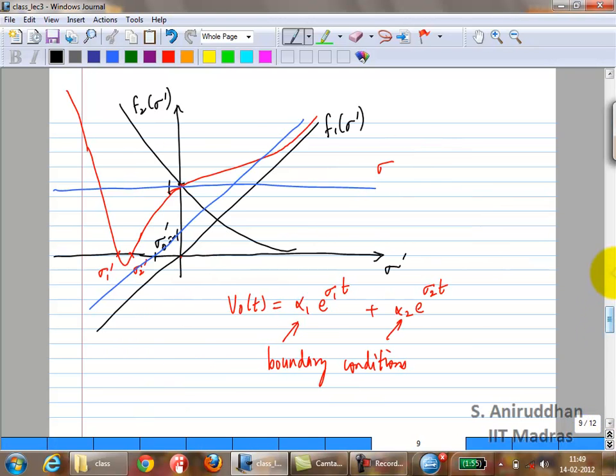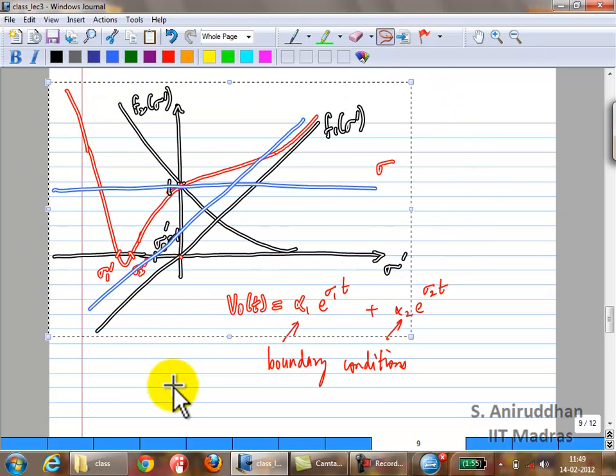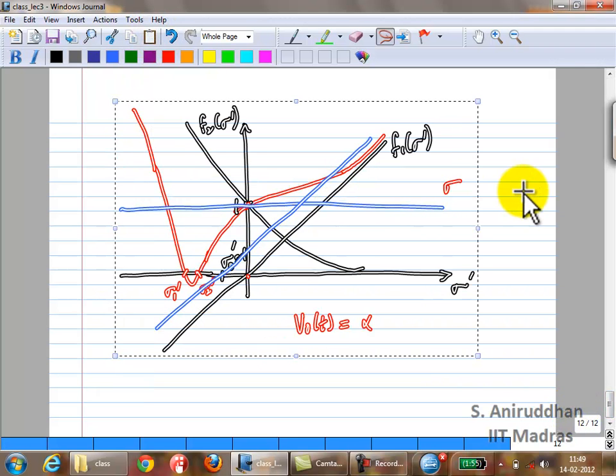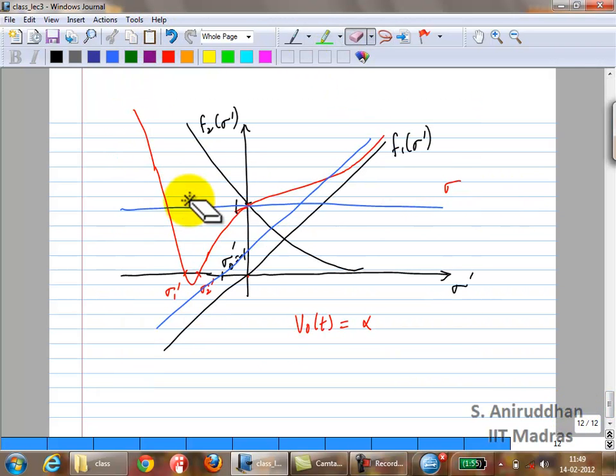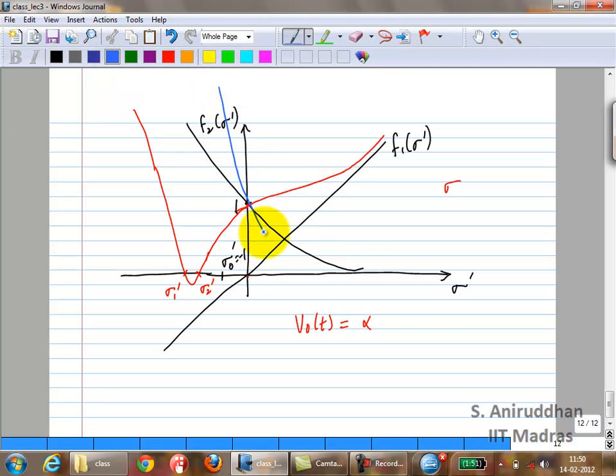I'm going to copy this. Let's get rid of this case. We'll keep this one. For large TD, it's going to look something like this, your exponential.